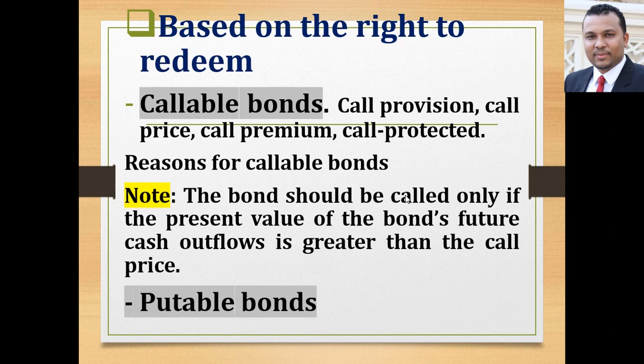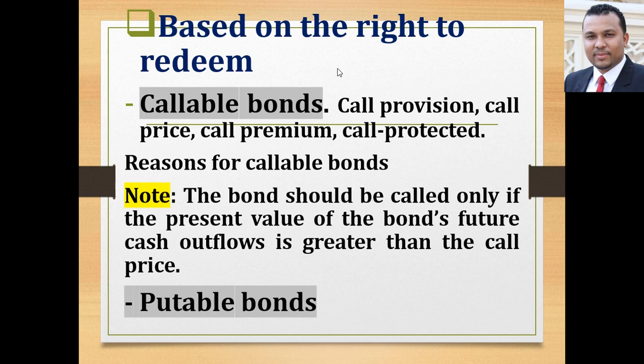The third way we can classify international bonds is based on the right to redeem. Two rights: callable bonds and putable bonds. Callable bonds have a call provision. A call provision is a condition in the bond indenture that gives the issuer the right to redeem the bond before maturity at a specific future date at a given price, the call price.